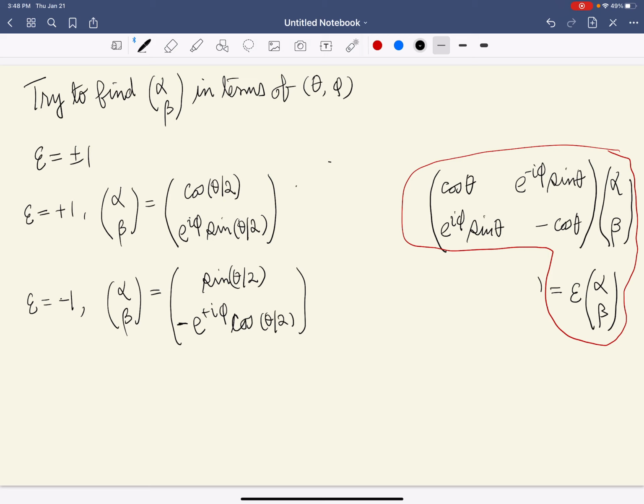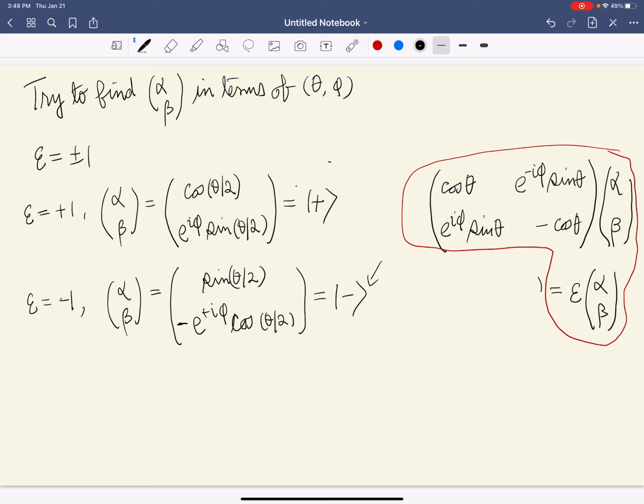Okay, so now let me express this eigenstate with this symbol plus, and I'm going to use this other symbol to express the other eigenstate.